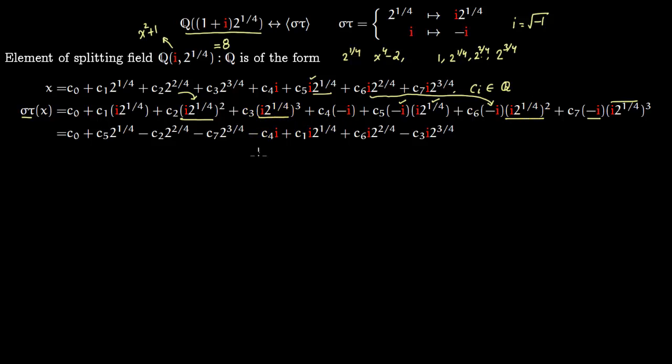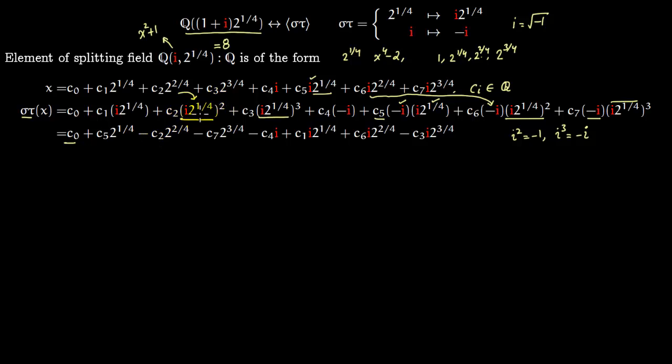So now you can start expanding. c0 just remains c0. So we are trying to find the basis first: 2^(1/4), 2^(2/4), 2^(3/4). So 2^(1/4) precisely comes from c5 here. Notice that what we are using is i squared is negative 1, and we are also using i cubed is negative i, and that's all we are using. So you get negative i squared, which is 1, you get here. Then you see c2, i squared will give you negative.